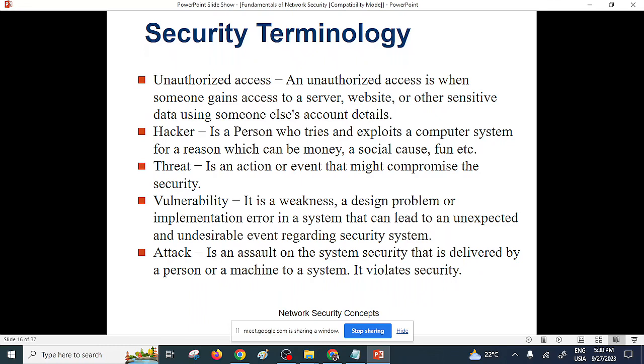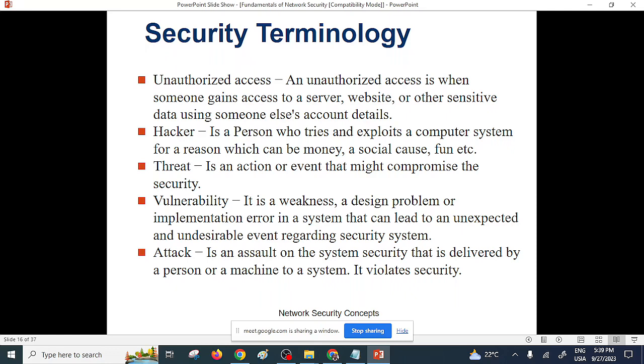Vulnerabilities can happen from the hardware point of view and from the software point of view, and even when you connect the systems, right? So the attack is the actual assault within the system, right? It could be an application that someone has implanted or rather have a malicious code, right? So all these are terminologies that we need to understand.